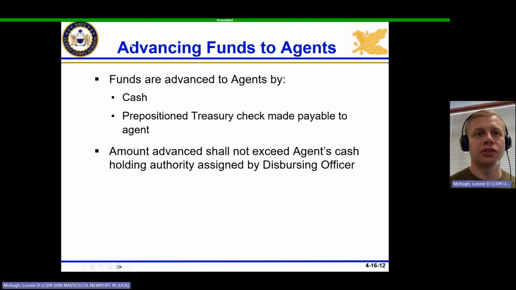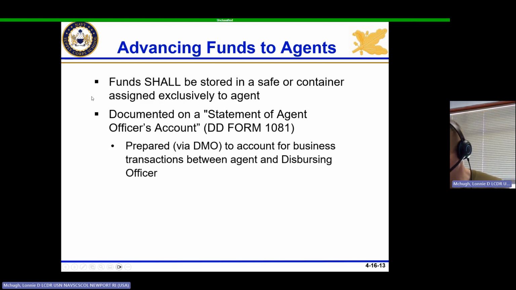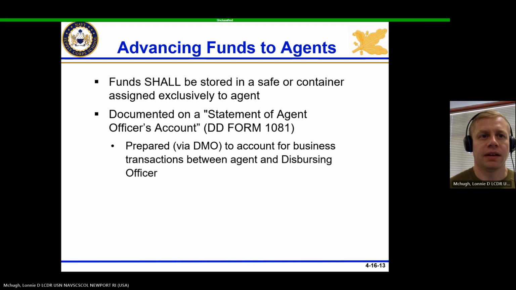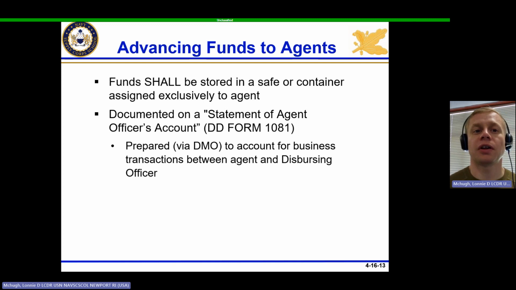All right, moving on to discussion point 3, advancing funds to agents. So you as a dispersing officer will have to give money to your agents, whether that's your deputy or one of these other agents that we just mentioned. We do that using the form 1081.